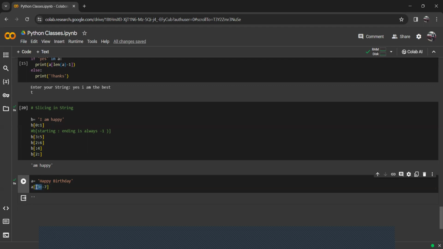For example, if I'm taking only -7, then what will be the output? If you are doing slicing and you are writing a greater number first, it will not work. It will give you a space only. But if I'm writing -7 here, then what will happen? You are getting I, starting from the last till the 7th position.